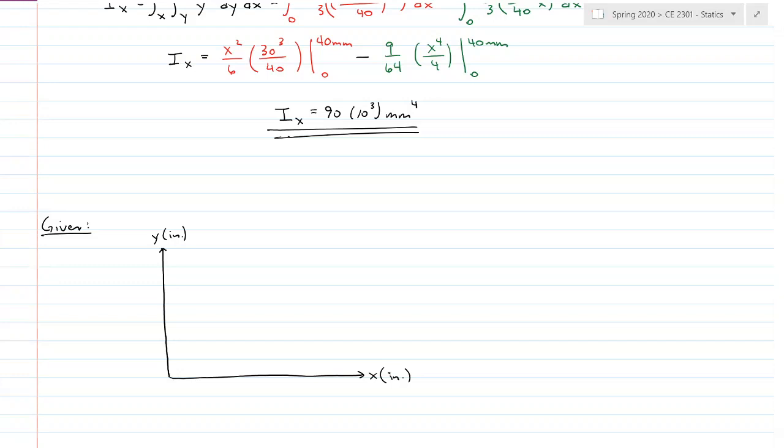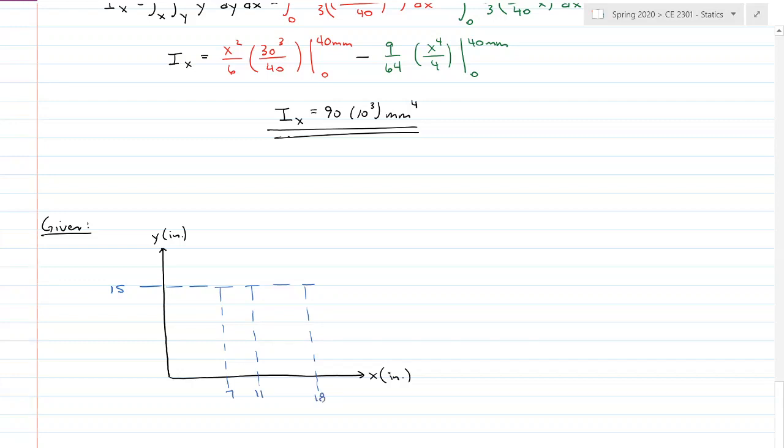Okay, you're going to come up here to 15, and we're going to cross at 7, 11, and 18. 7, 11, and 18.